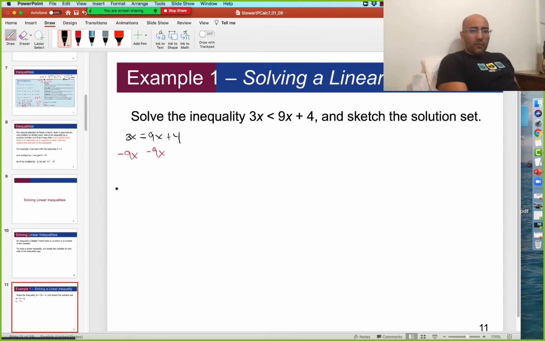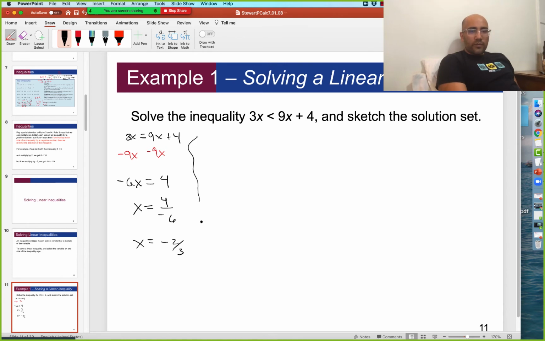That'll give me negative 6x equals 4, and then x equals 4 divided by negative 6. So x equals negative 2/3.